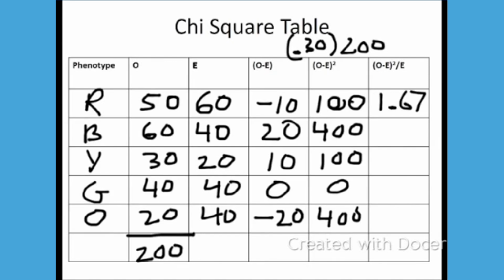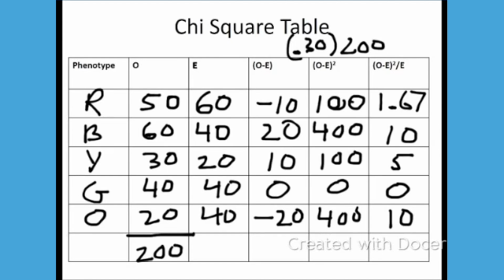For the brown row, O minus E squared, 400, divided by E, 40, you get 10. The yellow row, O minus E squared is 100, divided by E, 20, so you get 5. Green row, O minus E squared is just 0. And for the orange row, O minus E squared is 400, divided by E, 40, that gives you 10.